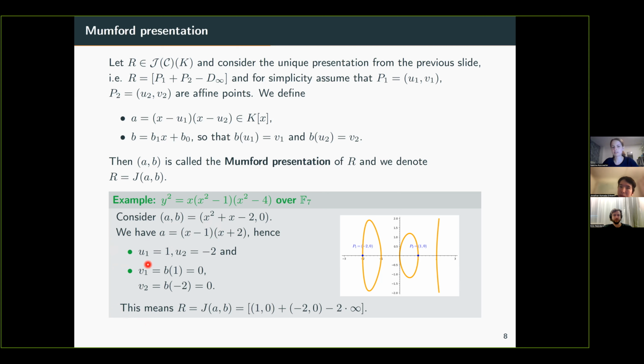This means U1 is 1, U2 is minus 2. And then we can compute the y coordinates by just plugging these x values into the polynomial B. In our case, that's 0, so we get y coordinates 0. Here on the right, you can also see those 2 points lying on the hyperelliptic curve. Okay, so this is the representation that we want to use later when we talk about elements of the Jacobian.